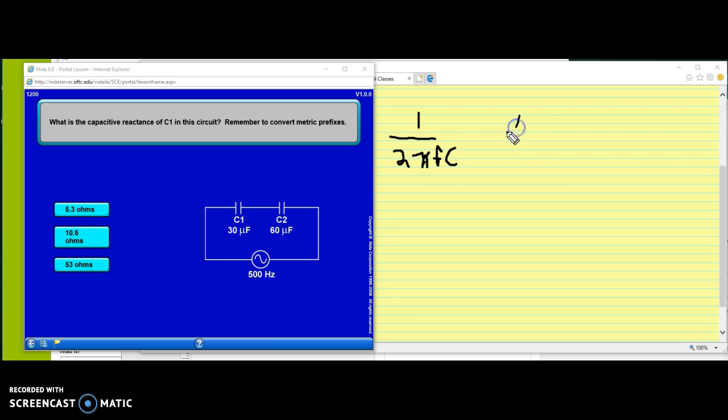So we'll have to make sure we do some conversions. So 2 times pi, which we know is 3.14. Frequency is 500. So we'll put a dot there to remind us to multiply that. And then we're going to have to take this 30 microfarads and divide it by 1 million.